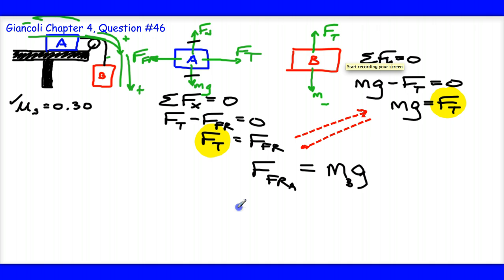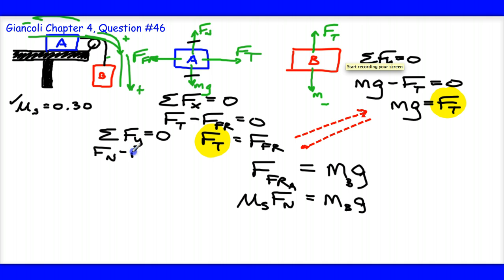Now I can separate this up: the coefficient of static friction times the normal force is equal to the mass of block B times the acceleration due to gravity g. The normal force on block A is equal to the weight mg. Formally, the sum of the forces in the y direction on block A is equal to 0, so the normal force minus mg is equal to 0, and the normal force is equal to mg.